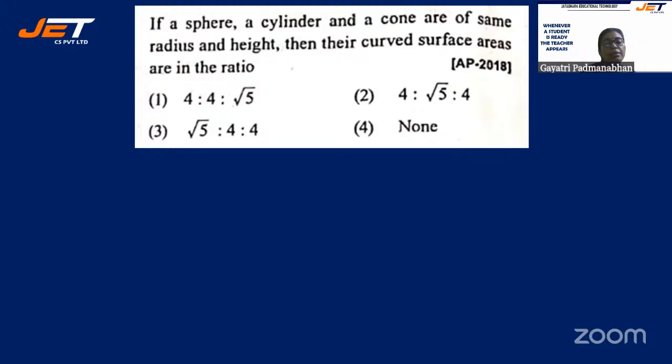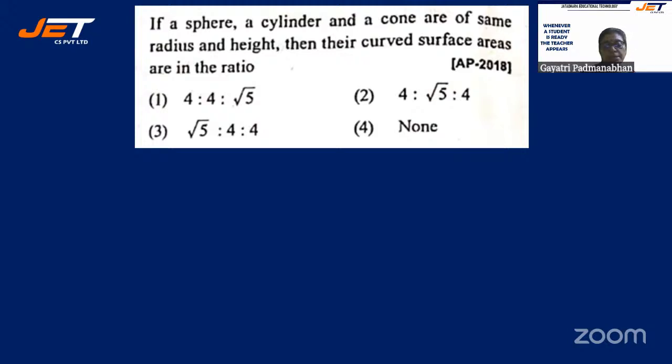It's a very nice question, in fact. The ratio: 4 is to 4 is to root 5, 4 is to root 5 is to 4, root 5 is to 4 is to 4, or none?